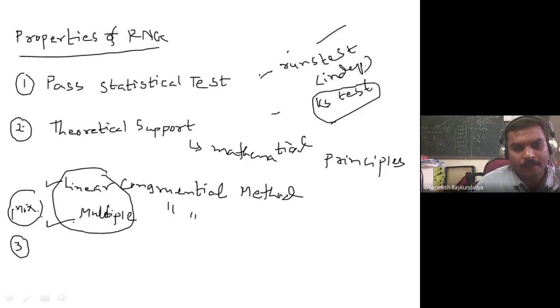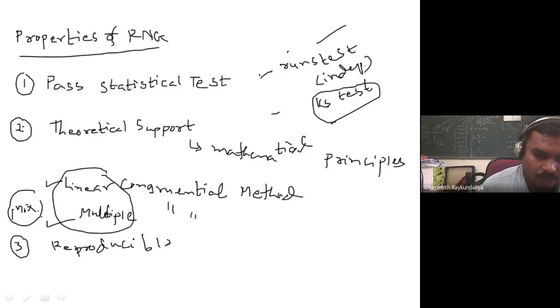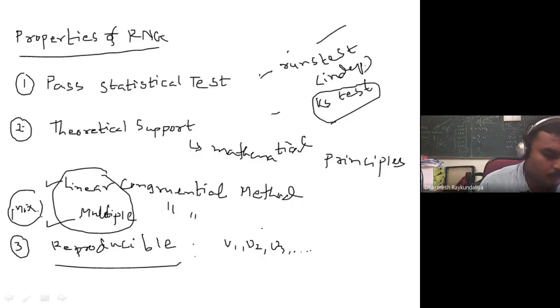Now, the first property we have seen is that it should pass some statistical tests. Second is that it has some theoretical support. And now third, it should be reproducible. Reproducible means that the stream of random numbers u1, u2, u3 is reproducible without having to store the complete stream in memory.